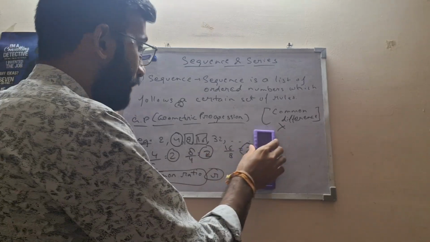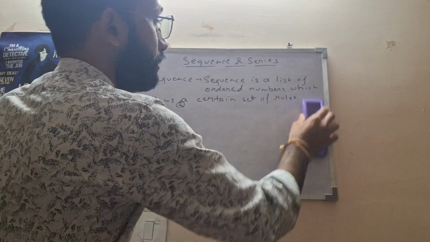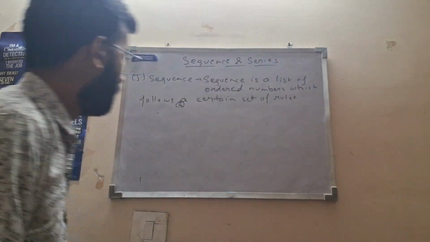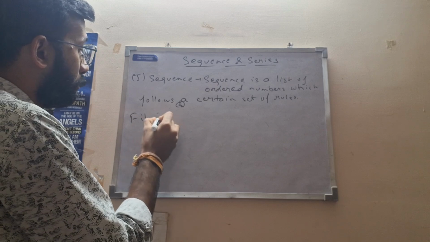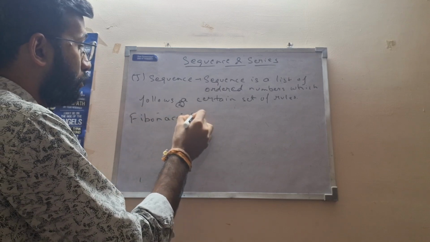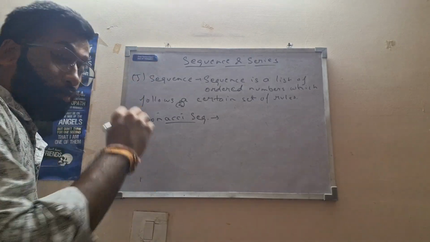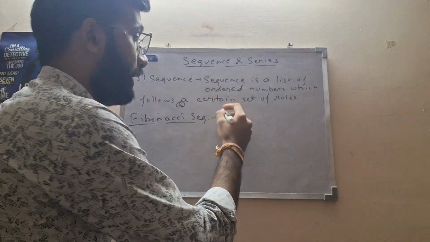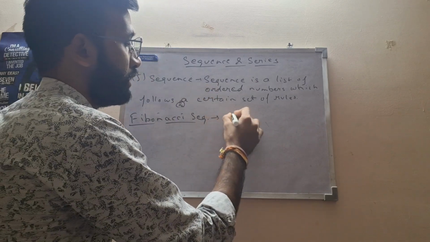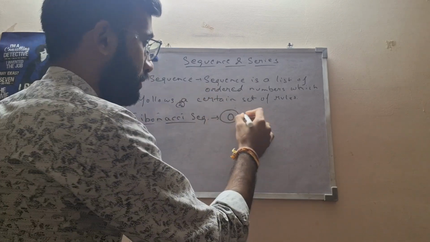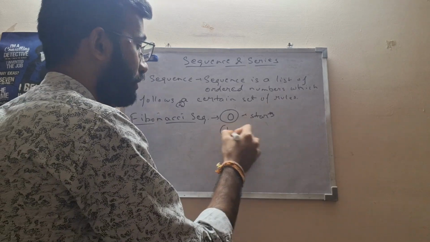The third sequence I am going to tell you about is the Fibonacci sequence. So what is the Fibonacci sequence? It always starts from 0, and its second number is 1.